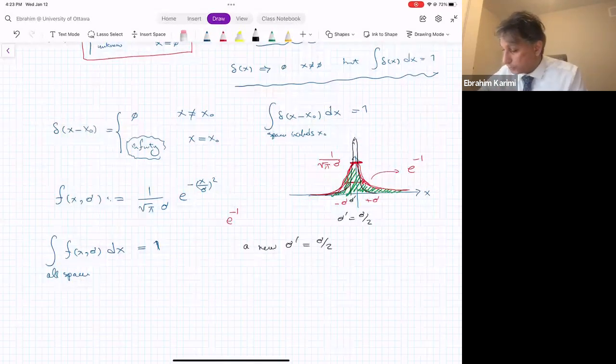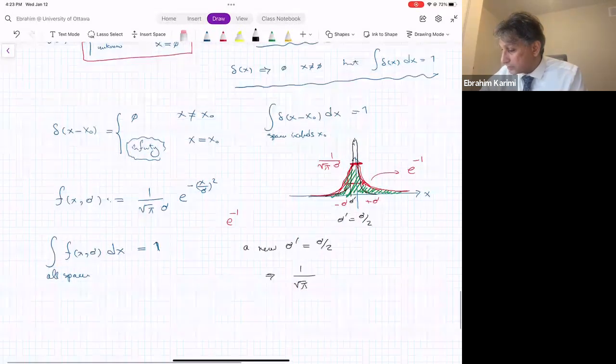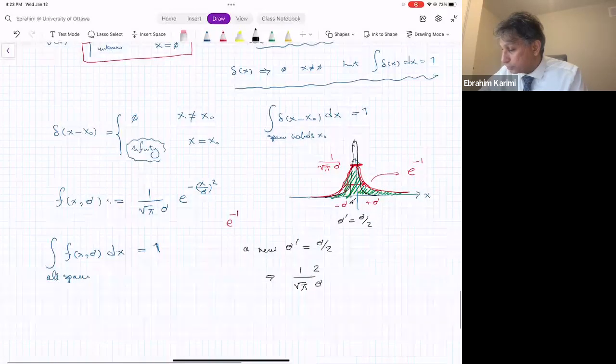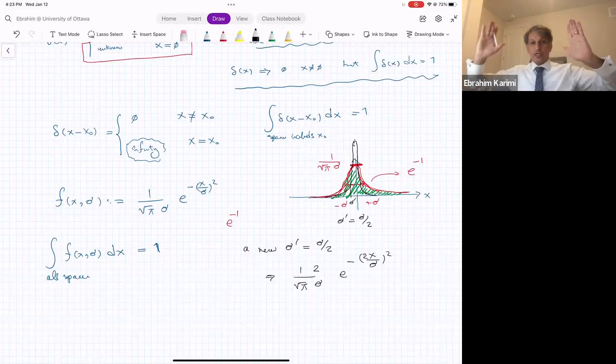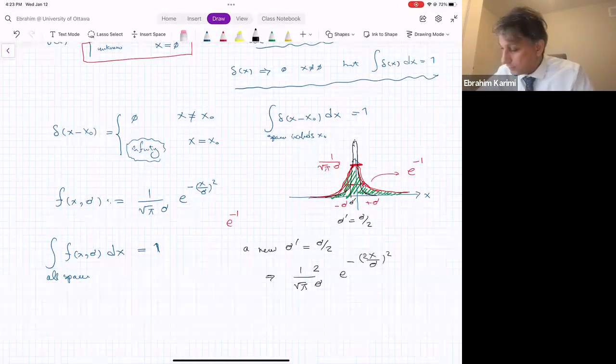So the new function will be 1 divided by square root of pi, sigma prime being sigma divided by 2, which will be 2 divided by sigma, exponential of minus x divided by 2x divided by sigma power of 2. So essentially, the function will shrink down here.